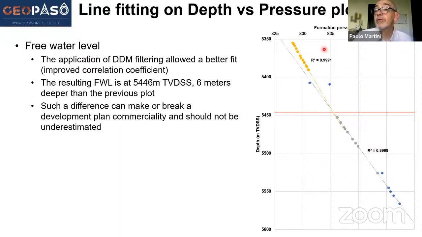Your correlation coefficient improves considerably, and also the free water level goes down by 6 meters, which is not bad actually. In some cases, a variation like this could really make or break a development from a commercial point of view. So these are differences that are quite important to spot.